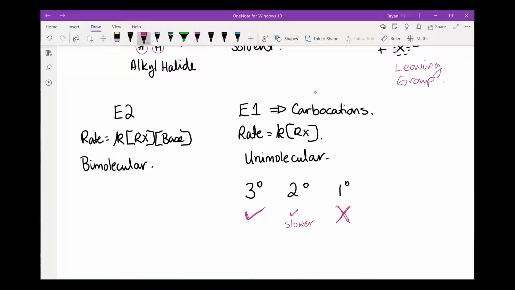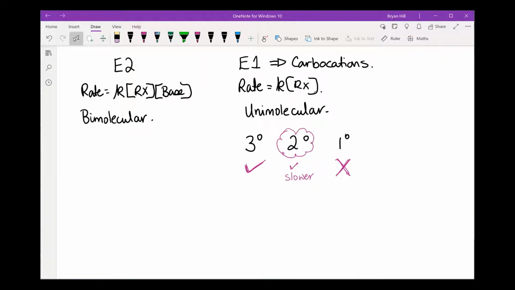Now, practically, trying to do an E1 elimination on a secondary becomes impractical in all honesty. I have to check my English, if that's impractical. Yeah, I think that's the correct word. It becomes impractical because it was the ones in pink.